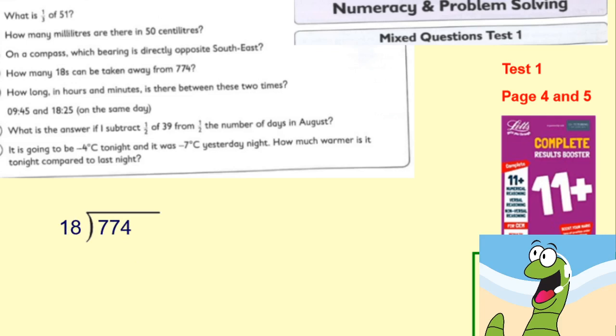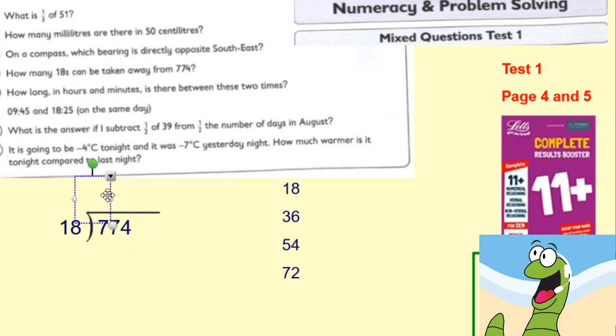What really helps me is if I bring out my 18 times table, as I did earlier. Now I can see that 18 times 4 is 72. So I'm going to put a 4 up here.